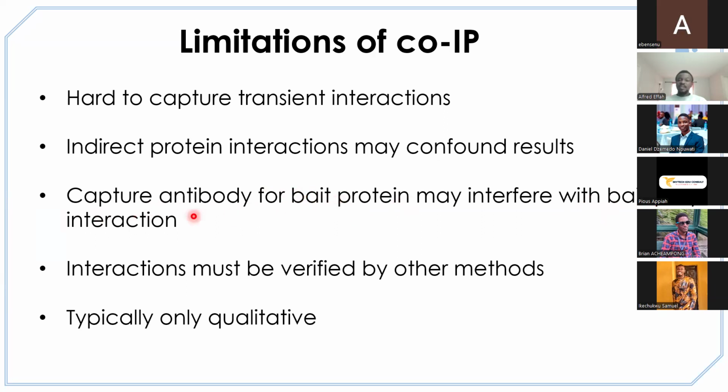And for that matter, you will not see any interaction between the two. So it's difficult when the antibody involved also recognizes the binding site for your interacting protein. So that is one limitation.